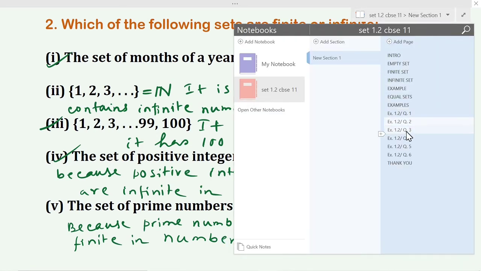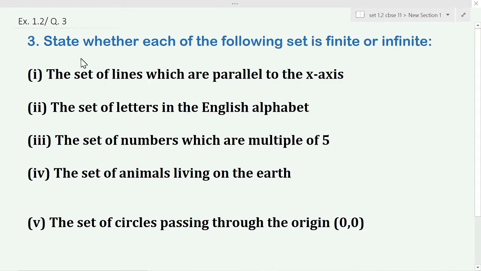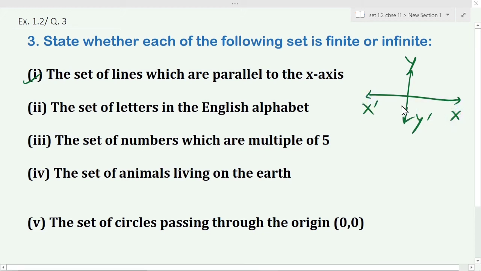Now question number 3. State whether each of the following sets is finite or infinite. The first question is the set of lines which are parallel to the x-axis. So let us draw the axes. This is y, y dash, x dash, x. So this is the x-axis.